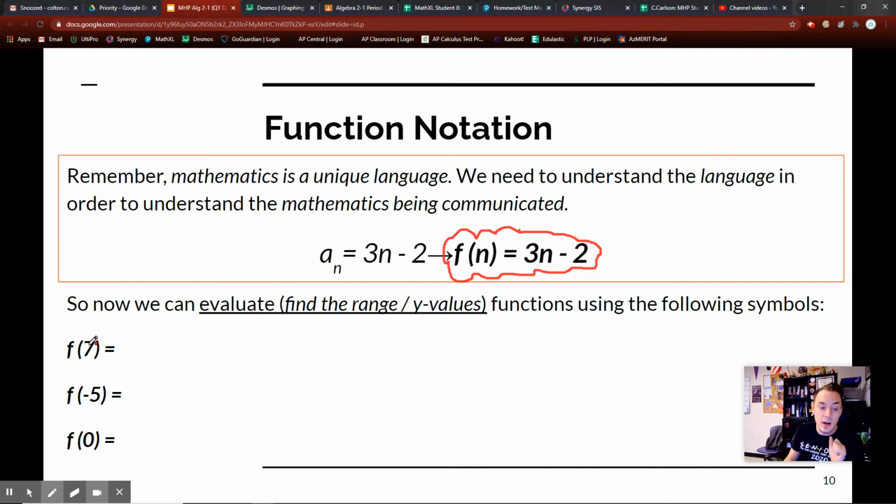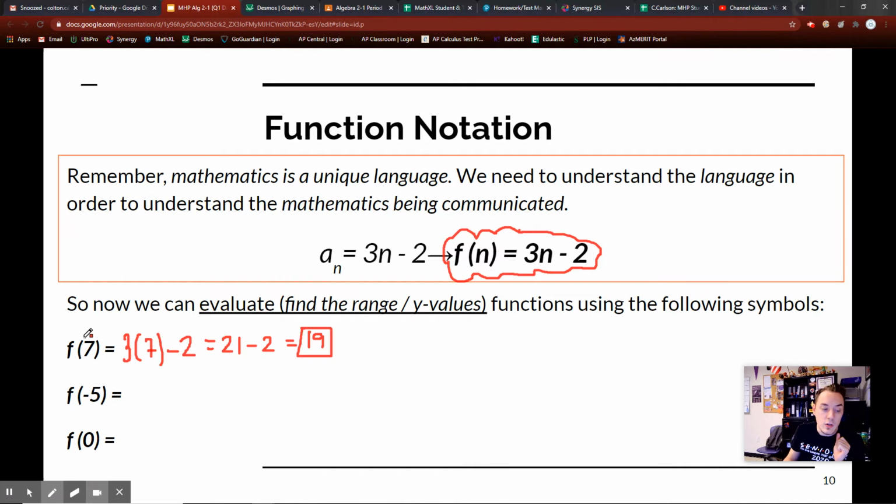I'm going to plug in 7 for n. So that means 3 times 7 minus 2, which of course will become 21 minus 2, which then becomes 19.